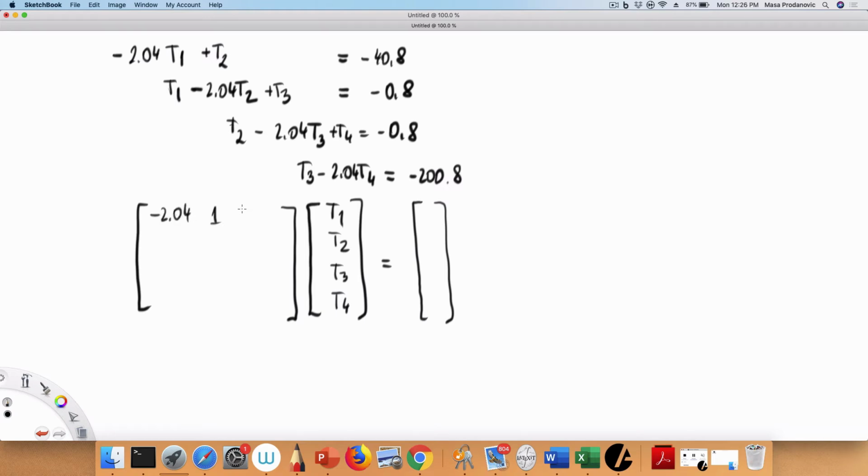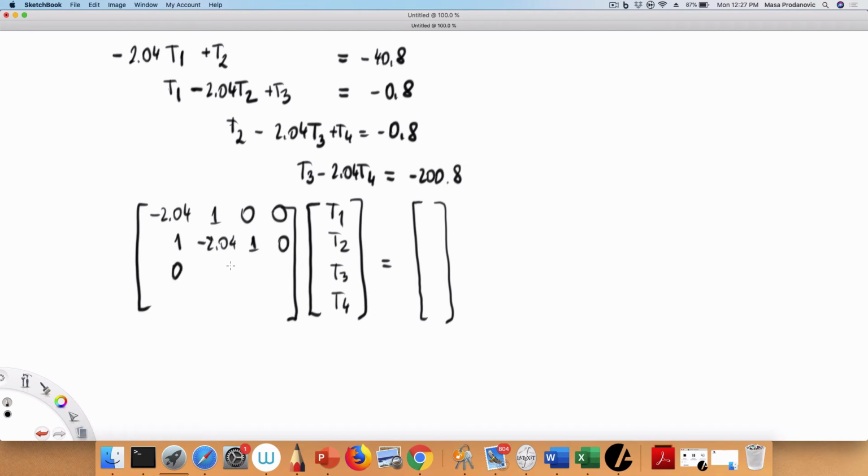Then 1, then 0, 0. From the first equation. Do I have a plus minus something? No, you can. You good? I'm not always good, so it's good to double check. All right. Then I have 1, minus 2.04, 1, 0. Yes?